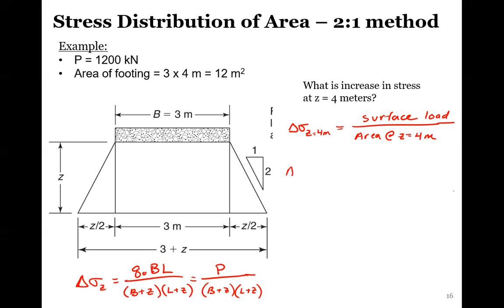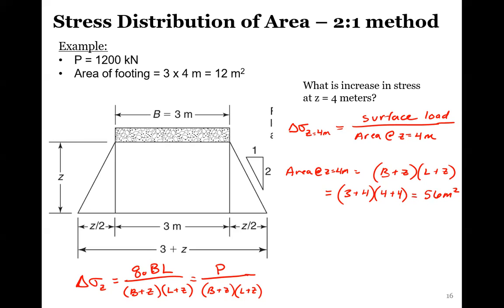So the denominator here at Z equals 4 is equal to (B plus Z) times (L plus Z), which is equal to (3 plus 4) times (4 plus 4), which is equal to 56 square meters.